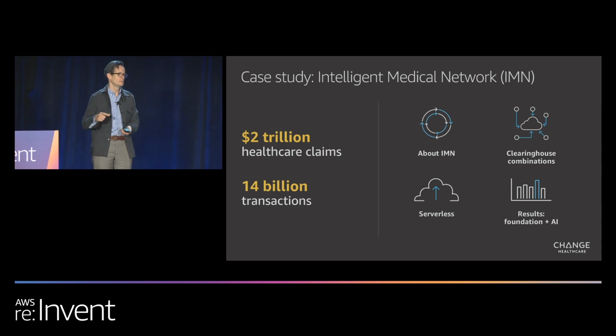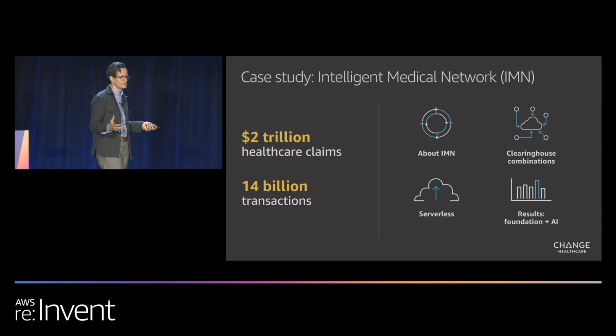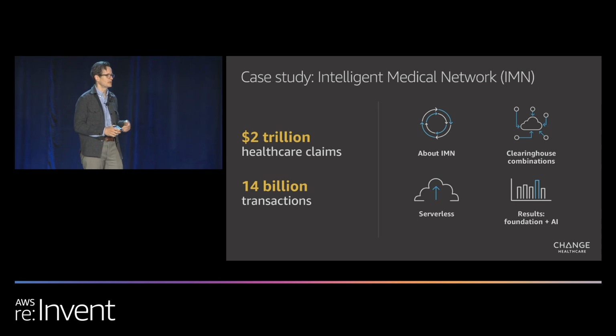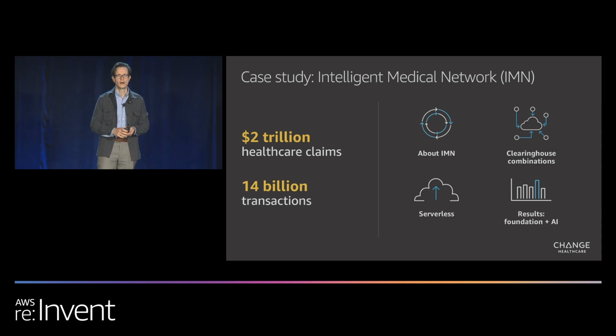And so being able to build observability into the network using capabilities like AppMesh is incredibly important.